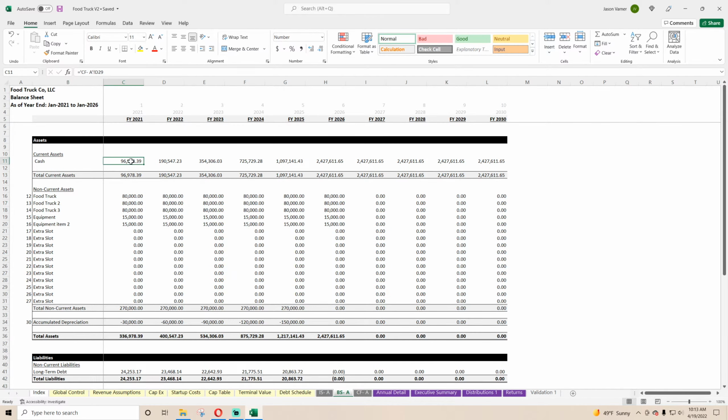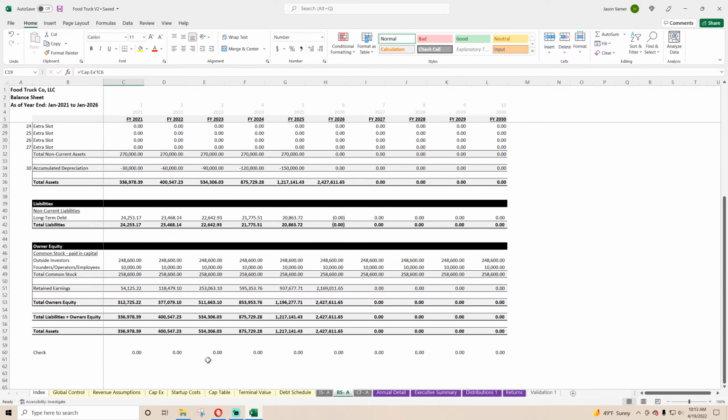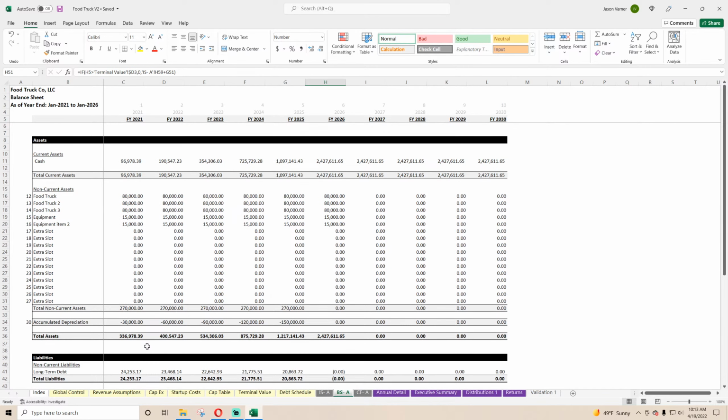All right, so let's make sure this has everything first. Cash flow, non-current assets. We're balanced. Equity, retained earnings. Okay, good news, we're balanced.